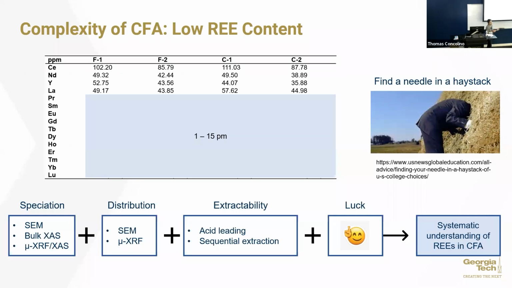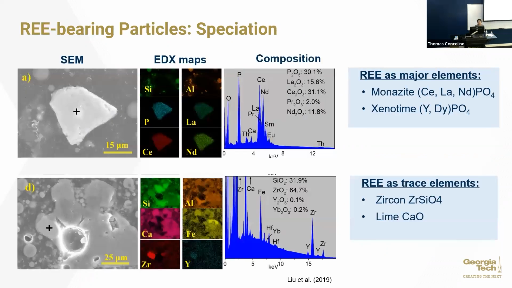But for my students, it's really a lot of luck and a lot of patience. But if we can combine all this different information from different scales, as you can see, this is really from molecular scale, and then moving on to microscopic and batch scale information, hopefully we will be able to develop a more systematic understanding of REE in coal fly ash.